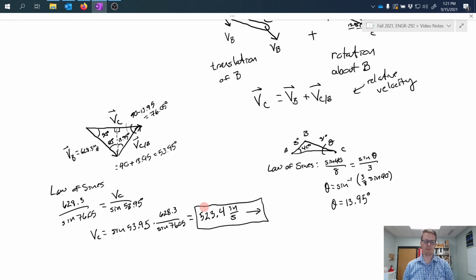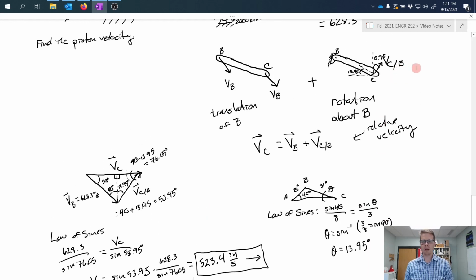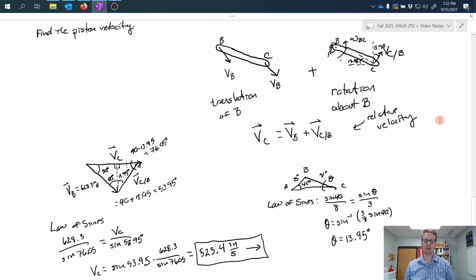That would allow me to come back up here and solve for the rotational velocity of member BC if I wanted to, and I can fully carry out every calculation I would need for this system, given that information.